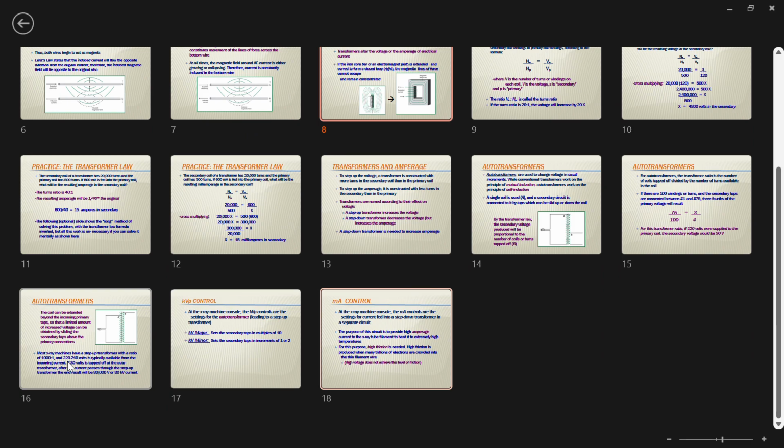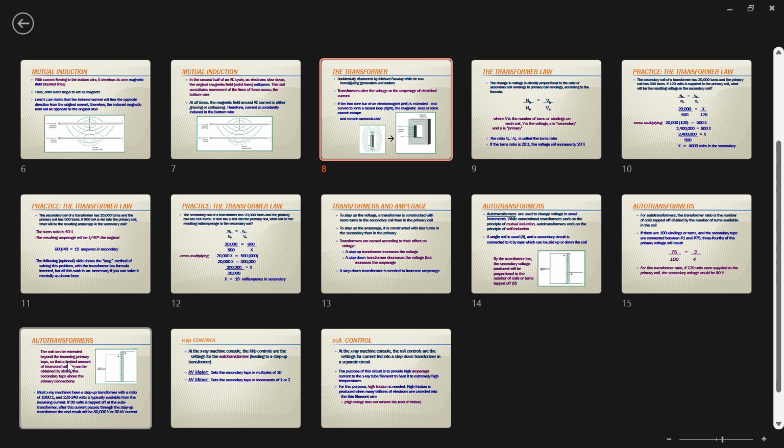Let me finish with a couple minor notes on the controls, the things we want to be able to control, okay? So we use a number of devices built into the equipment to control the amount of power that we're putting through the equipment.